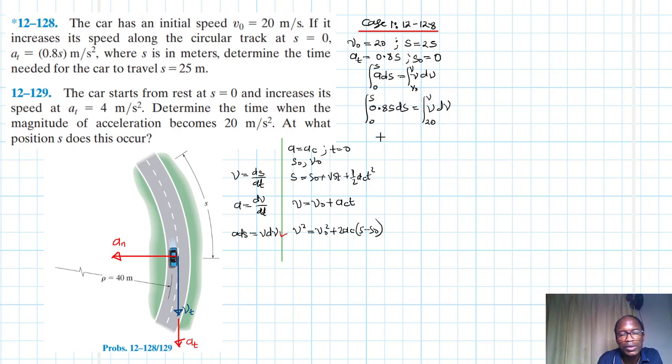Working on this one, we get 0.8 s squared divided by 2 equal to v squared minus 20 squared divided by 2. Therefore, our v is going to be equal to the square root of 0.8 s squared plus 20 squared. So this is our velocity.